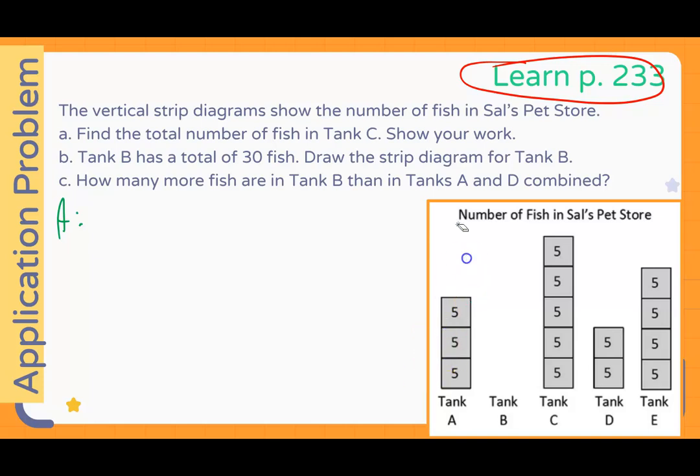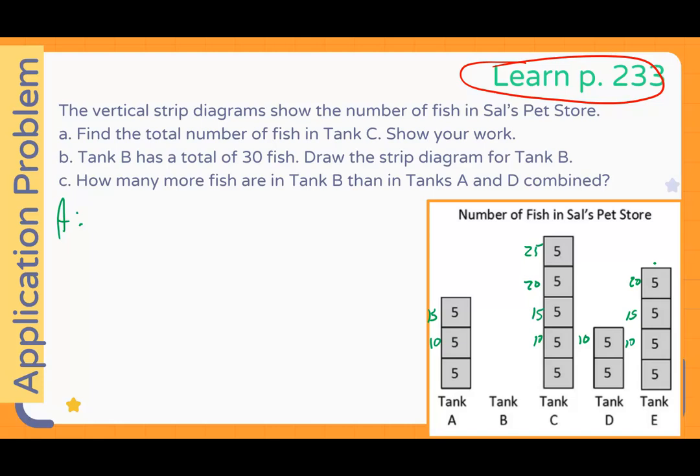I have 5, 10, 15, 20, 25. Just count them by fives.